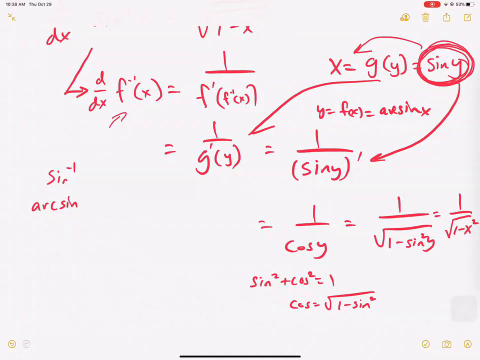Okay, so it's a little bit weird, right? I think the hardest part to get over is this step here, because the derivative of f is really the inverse. What is the inverse function in the regular world? It's just regular sine.